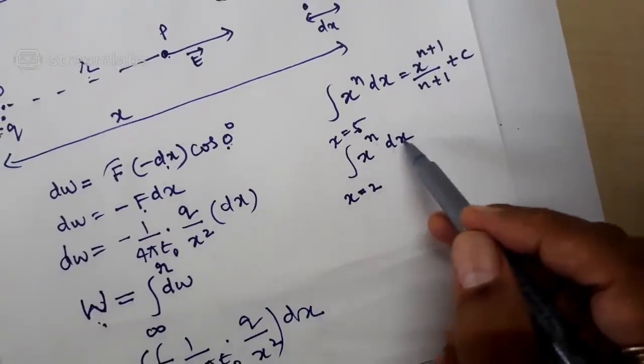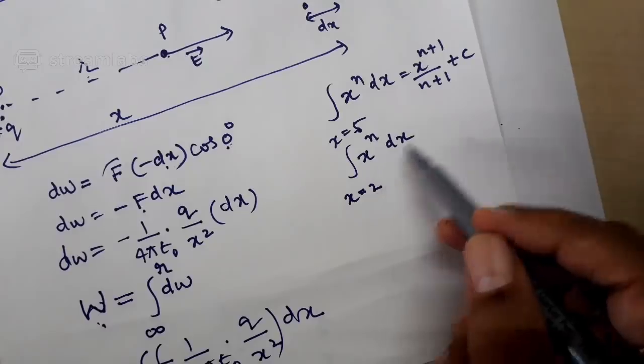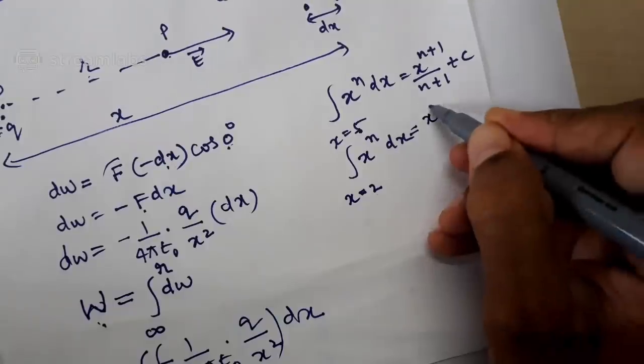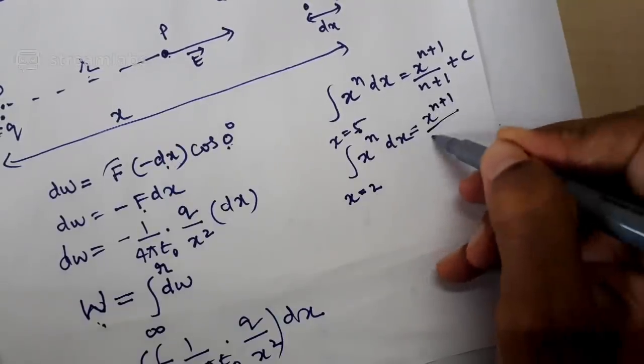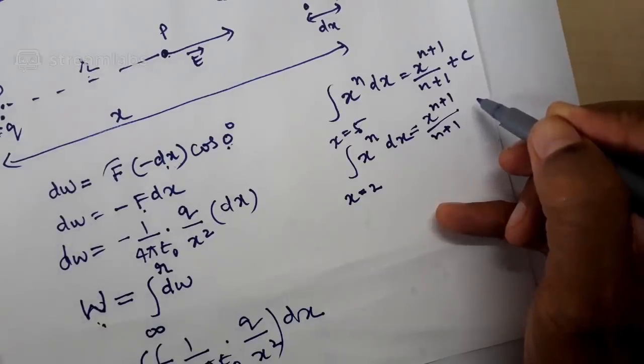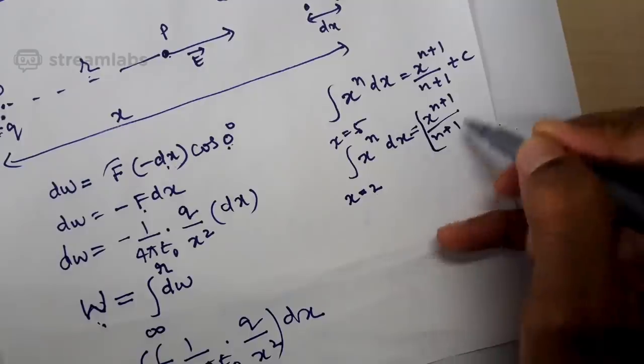This is called a definite integral. When you speak about a definite integral, of course, the integration formula will be the same. x to the power n plus 1 by n plus 1. The integration constant is always 0 in a definite integral. C won't be there.